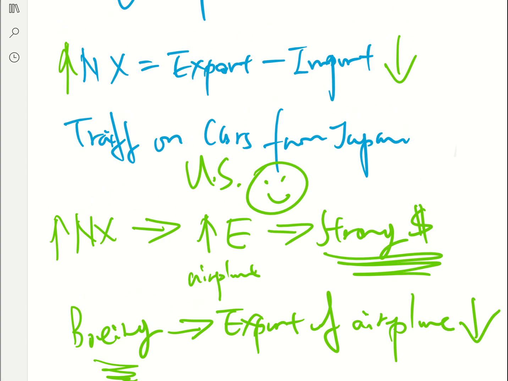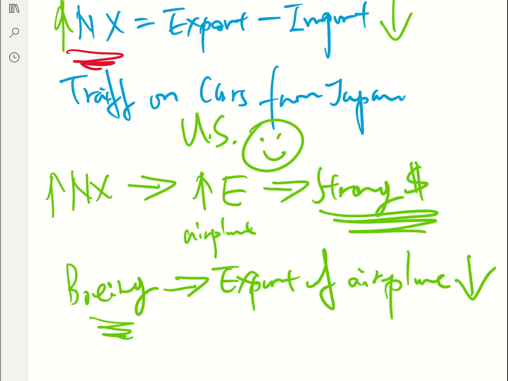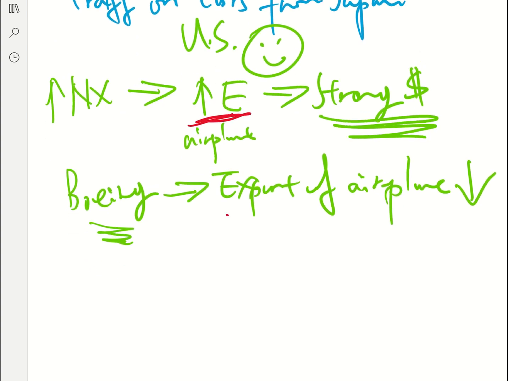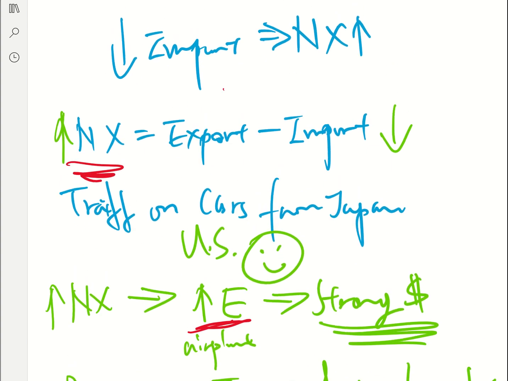So even though you have this positive initial impact from this tariff on cars, that our net export will increase initially, overall this will cause a change in the real exchange rate. So U.S. goods are more expensive, and then our export goes down again. So the net result, when the export goes down, these two might cancel each other out.